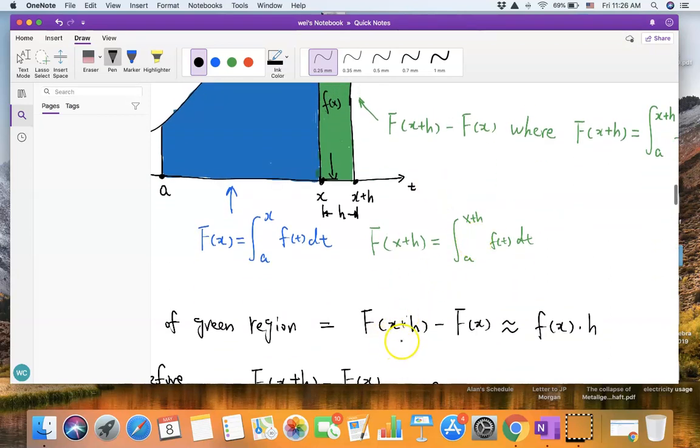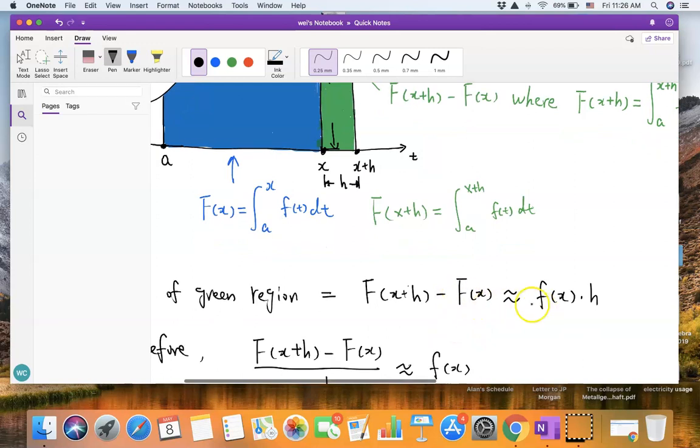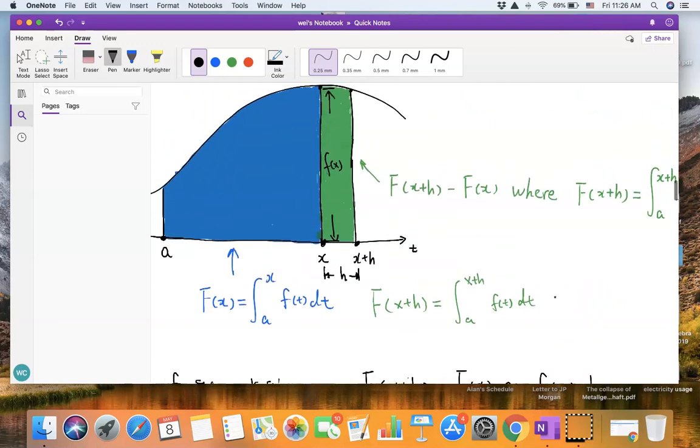So the difference of these two accumulation functions is approximately the product of h and f(x), right?